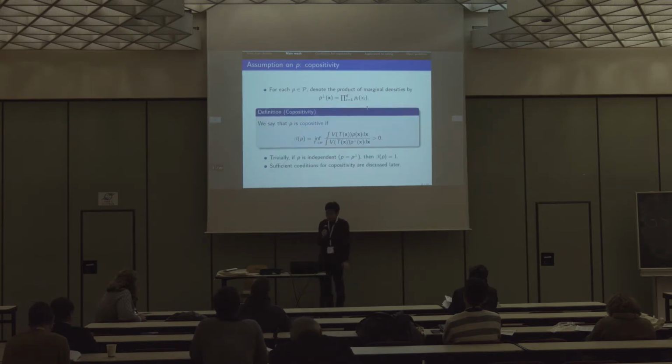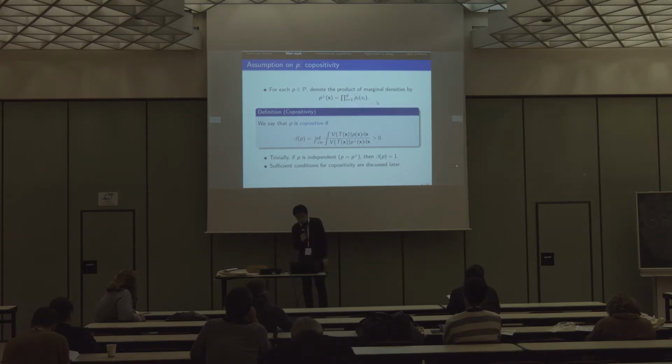For the second assumption, we assume copositivity for the density function. Here, for each density p, we denote the product of marginal densities by p independent, like this, the independent density function with the same marginals.